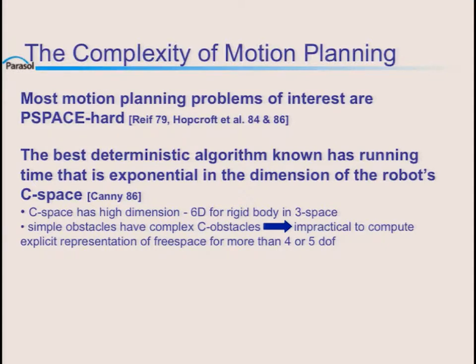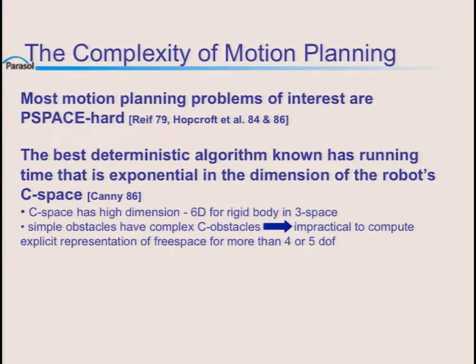And so far, the best deterministic planner we have today is still John Canny's planner from his PhD thesis in 1986. Essentially, we can only apply that to problems that have up to maybe 4 or 5 degrees of freedom. So this means we can't even use it on a rigid body in 3 dimensions. So essentially, we can't really do this except in the most general cases.